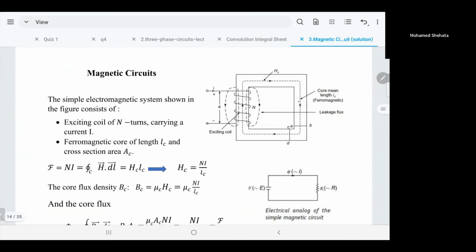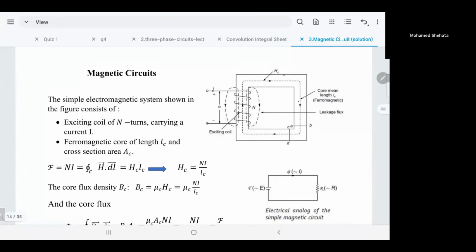And the length of this core is the core mean length, because there are many lines. You might think only the broken line is the magnetic field inside. No, there are many. As I told you, there are infinite lines everywhere. But for simplicity, we're going to take the middle. We'll say all these lines make only one line in the middle of the core.